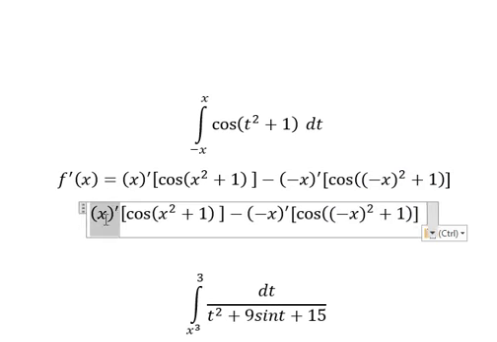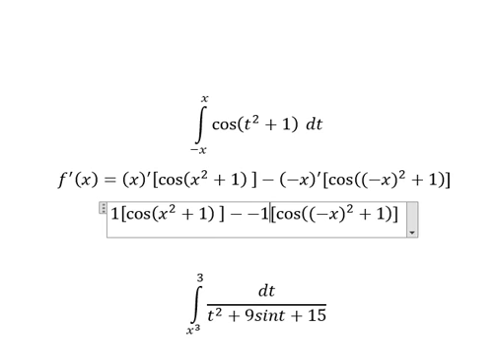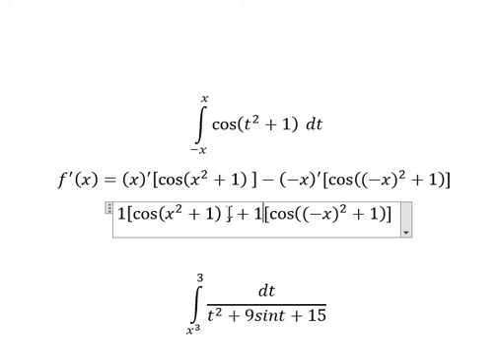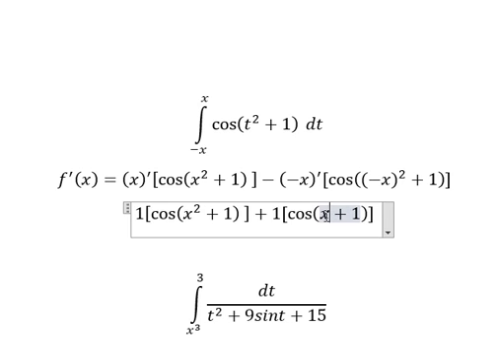This one you got number 1. This one we have negative number 1. So negative with negative, you get positive. And then this one, negative s to the power of 2, you get s squared.